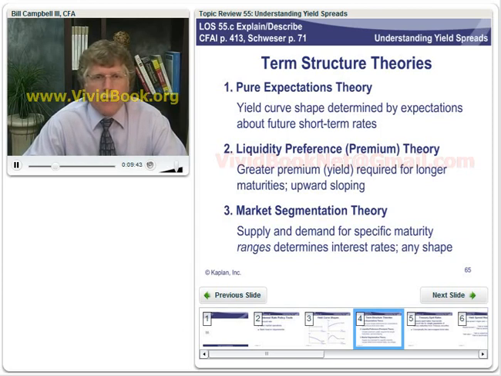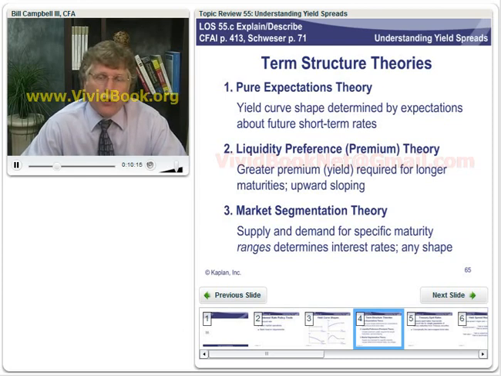An example would be an insurance company who may have specific liabilities they plan to fund and therefore want to invest in securities that are going to mature at exactly the times they need money to fund these liabilities. So they may have liabilities coming due in 5 years. They're going to want to invest in securities that will mature in 5 years. And they would be willing to accept a slightly lower yield to get the maturity that they want.